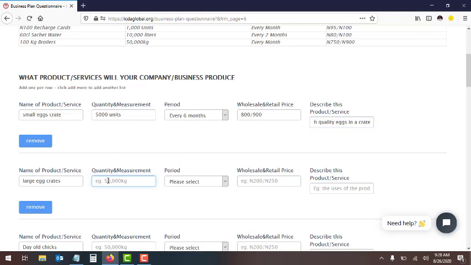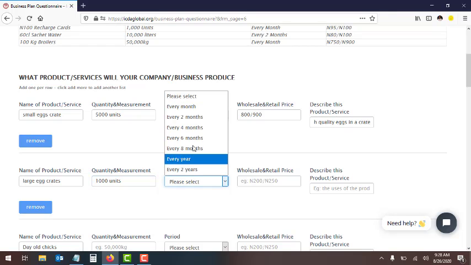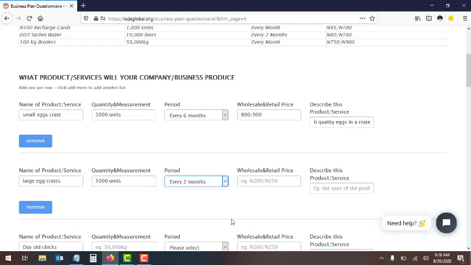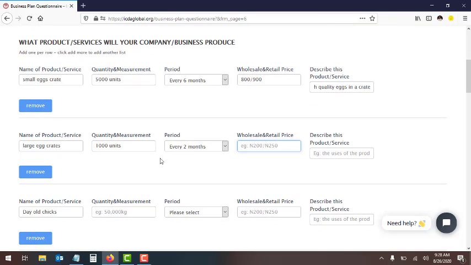You go over to the large egg crate and put the quantity and the unit that you produce, maybe 1000 units, and you produce this every two months, which means that in a year you produce it 6 times.